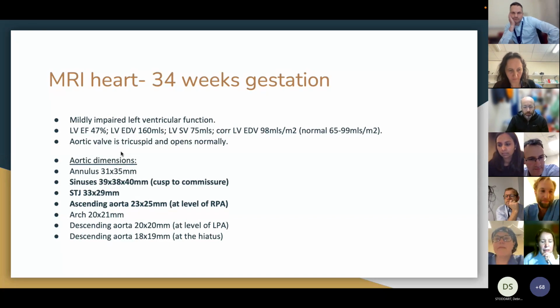But there does seem to be an increase in measurements, and I'd watch it like a hawk, with a plan to probably keep going and then either a section or think about low cardiac output delivery if you've got no change in those dimensions as you scan. But I'd probably be seeing her weekly.